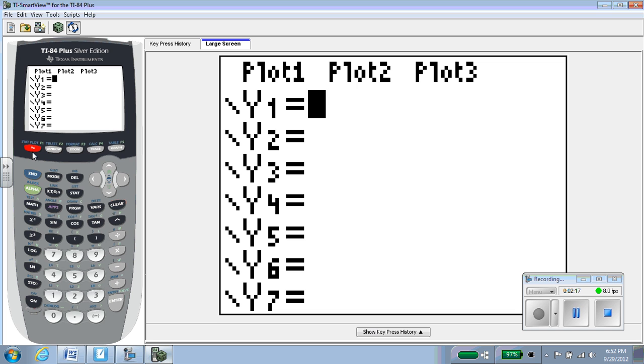So we're going to go to our y equals key to type in our 2 equations. Now it'll let us type in up to 7 equations, but we will only have 2. For the first problem, I have already solved them to y equals form. If not, we'll have to put them into y equals form. The first one is y equals 5x minus 13.